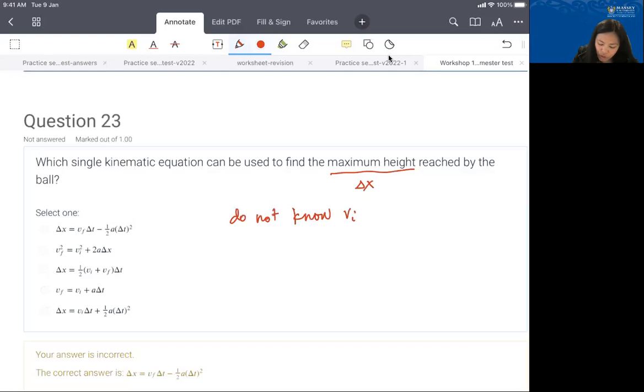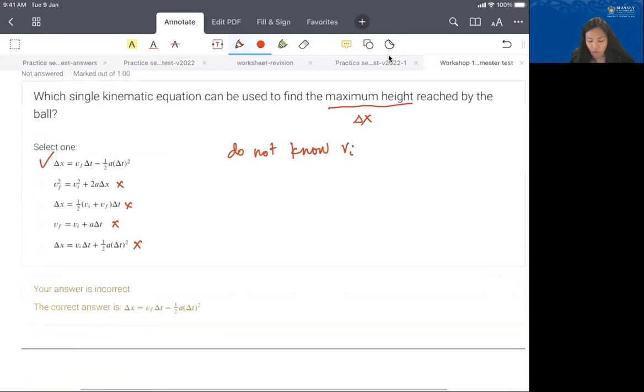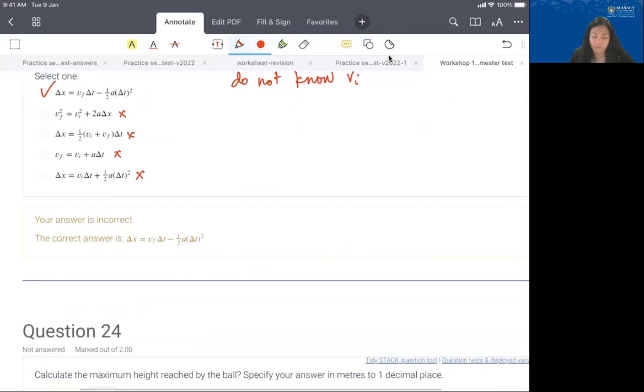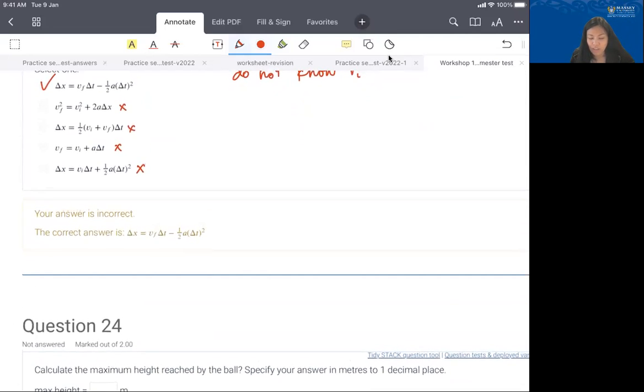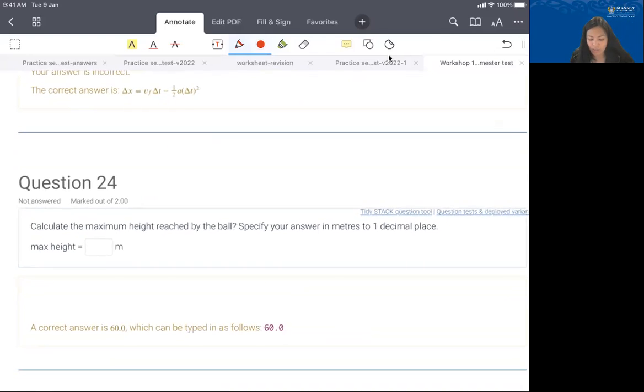So any equation that has VI can be eliminated, and there's only one possible equation that we can use for delta X. It's a relatively long one. You might be expecting already that the next question will ask you to calculate the maximum height.